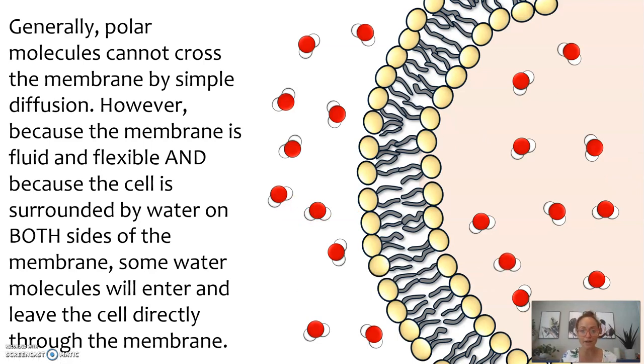And because the membrane is fluid and flexible and is always moving, a few water molecules are able to squeak through those fatty acid tails, that center region of the lipid bilayer. So some small water molecules can diffuse through the lipid bilayer directly.